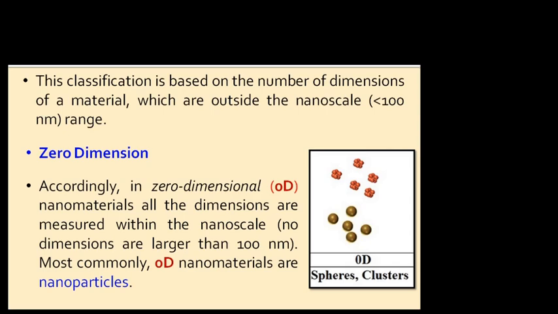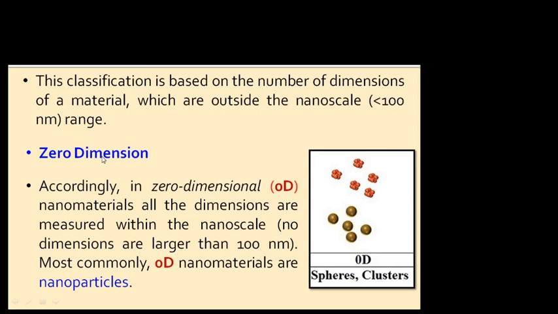Zero dimension, one dimension, two dimension, and three dimension are very well known terminology for all of us from school and undergraduate studies. But let us try to understand in nanoscience what exactly is meant by zero dimension, one dimension, two dimension, and three dimension.